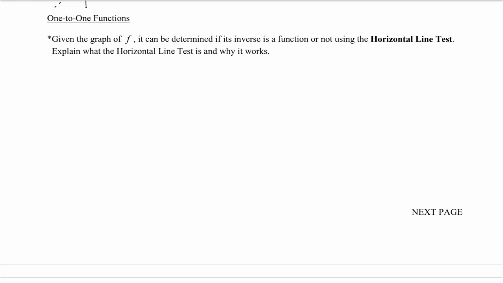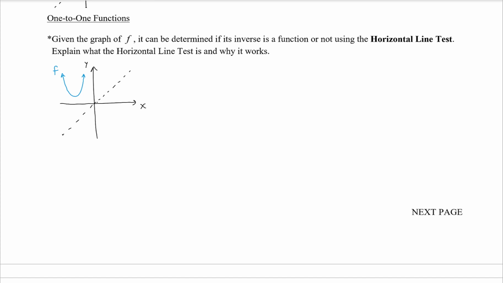Okay, well now it brings us to this idea of a one-to-one function. So here's the thing. Let's say you have a function f. Let's say we have a quadratic. It looks like this. This is f. Well, its inverse would be a reflection over the line y equals x, right? So I should be able to fold the xy plane.